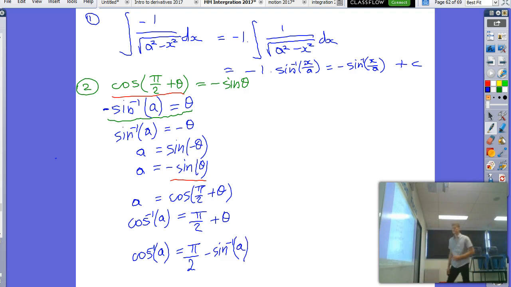Okay. Right. So there we have it. There's the true relationship between an inverse cos and an inverse sine.